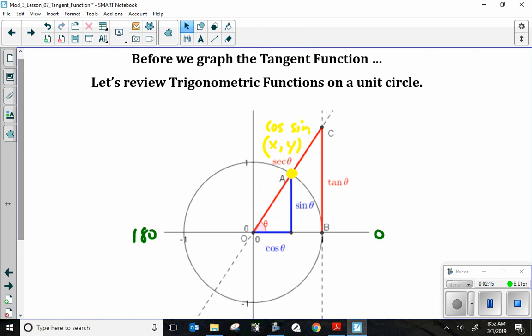Doesn't my x count this way? And then if I plot the point, the y is how many I go up. So x goes over and y goes up. So doesn't that make sense that x is your cosine and y is your sine? All right? That's all stuff we should be able to just put together, basically knowing that x is cosine and y is sine.